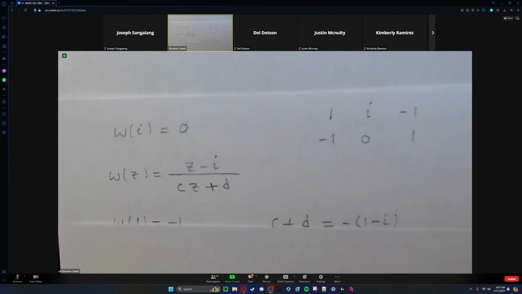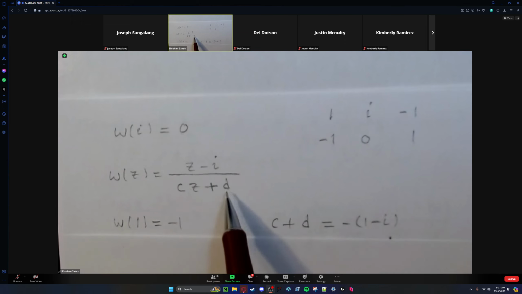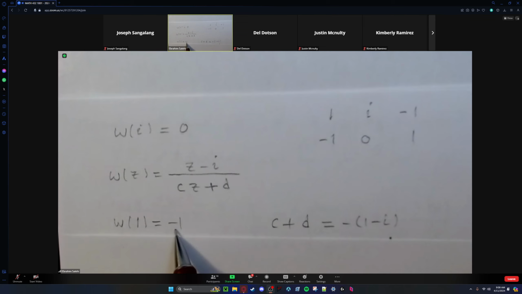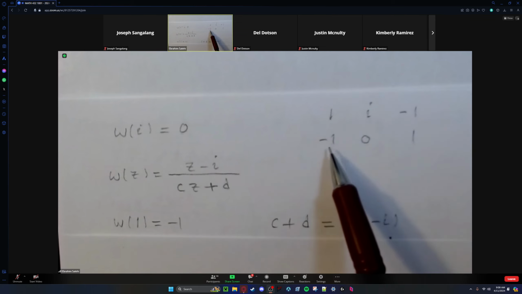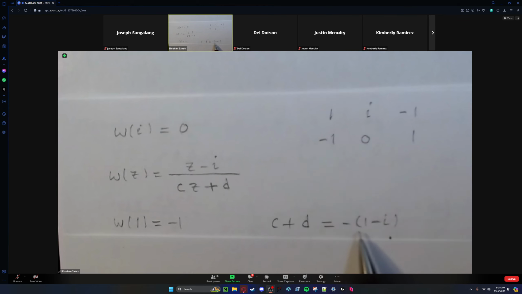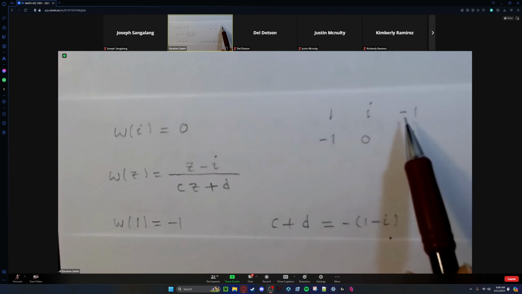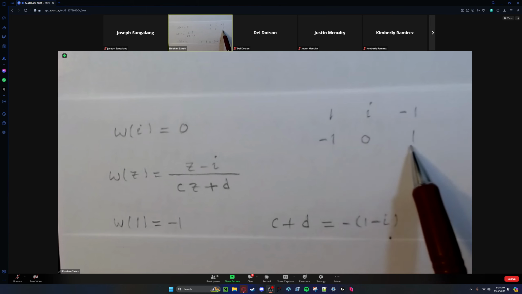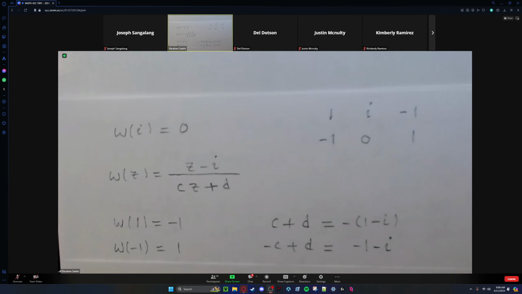Next, if you plug in 1, you're supposed to get -1, right? That gives you this. If you plug in -1, you've got to get 1. And that gives you this equation.